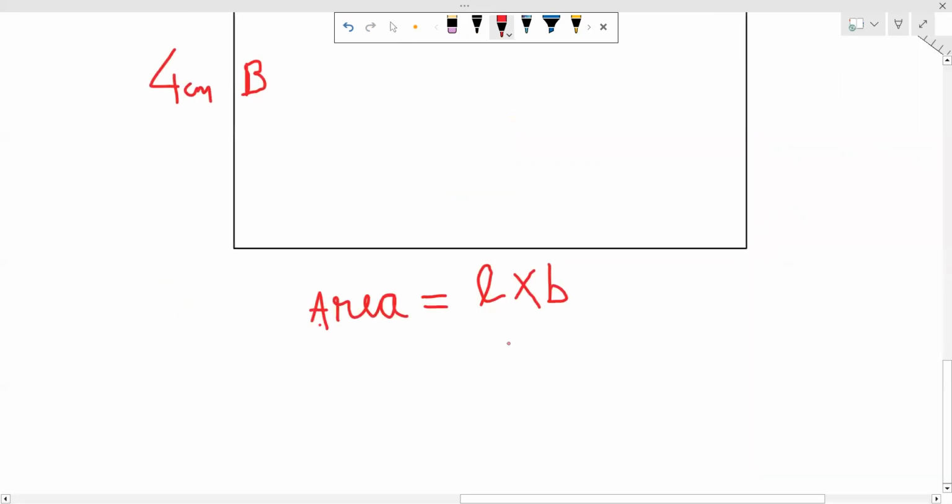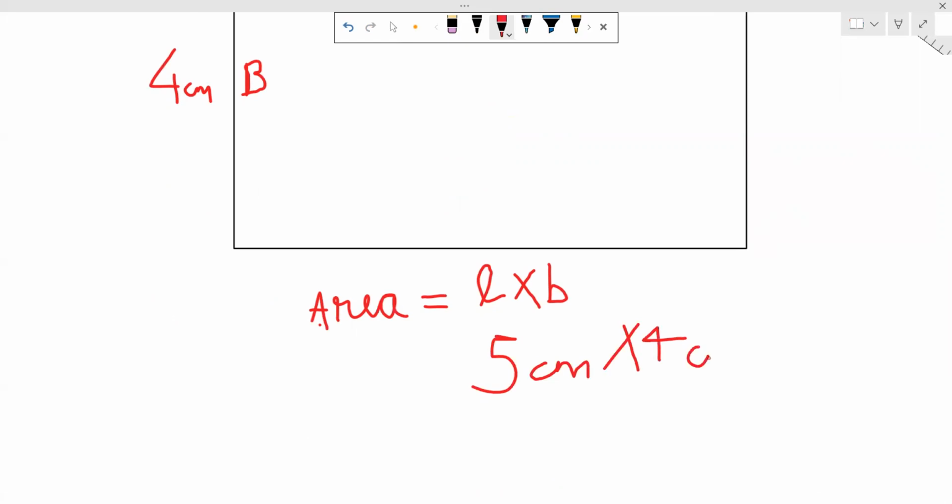Just multiply 5 centimeter into 4 centimeter. The answer you will get is 20 centimeter square. Every time any unit comes in area, you just square the unit. So the area of the rectangle is length into breadth.